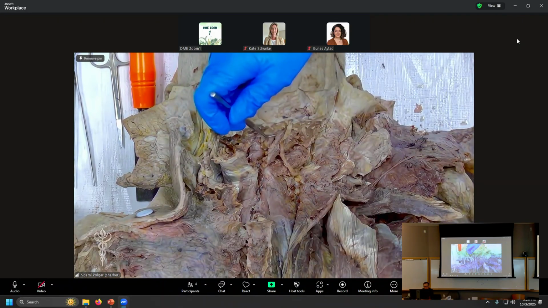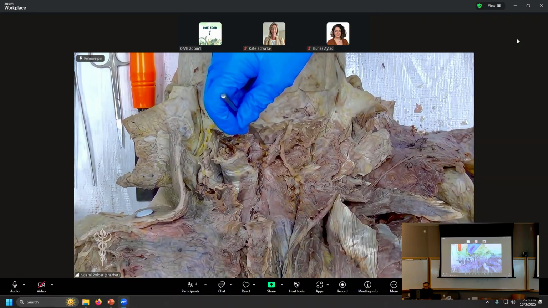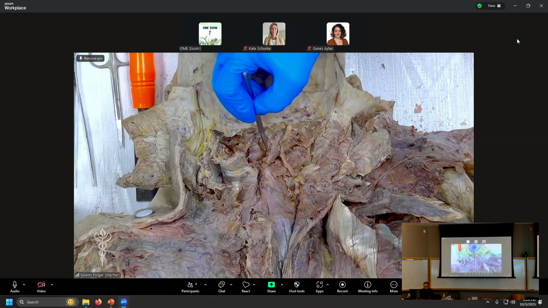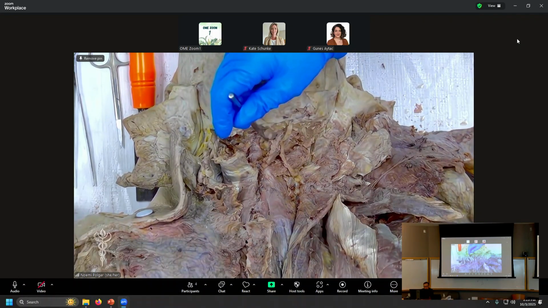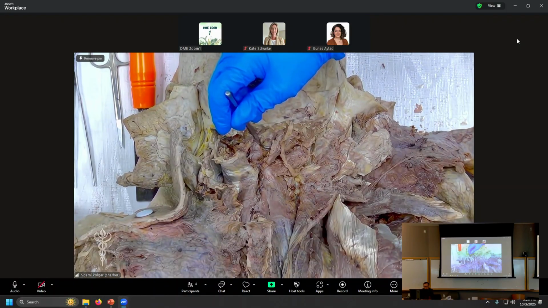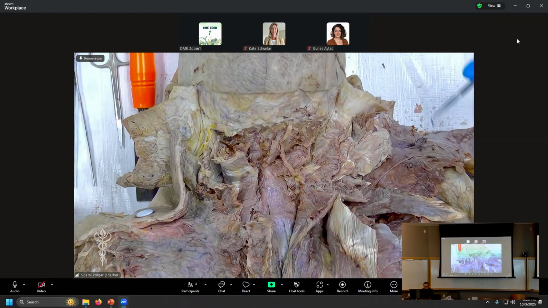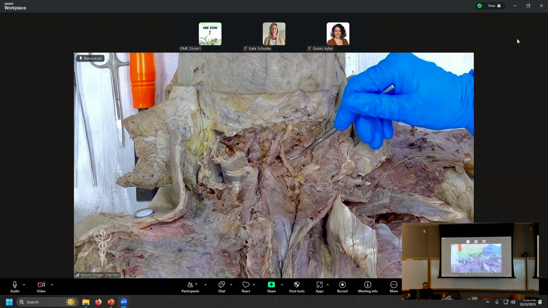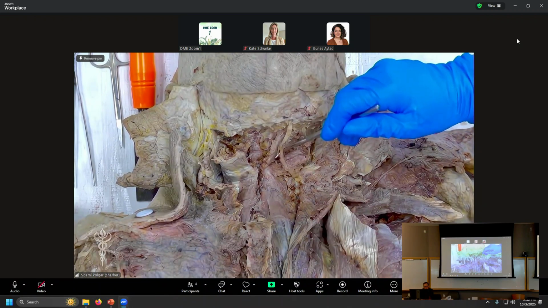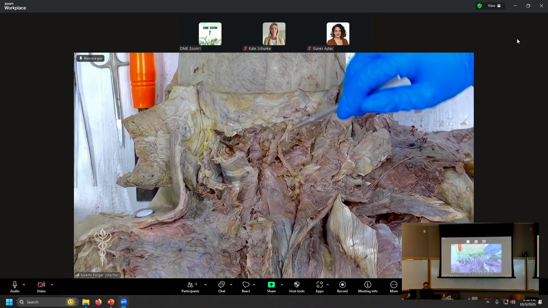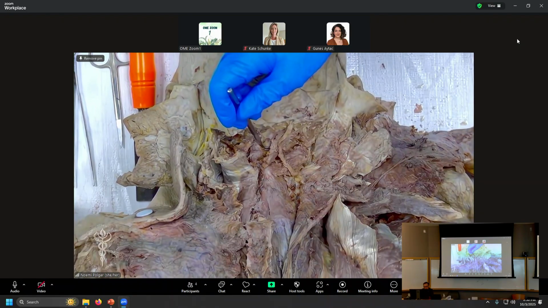And then medial to that, and a bit deep, is rectus capitis posterior minor. And that's going to go and attach to the C1 spinous process. So that's rectus capitis posterior minor. And then just to go through all those muscles again, this is obliquus capitis inferior, obliquus capitis superior, rectus capitis posterior major, and rectus capitis posterior minor.